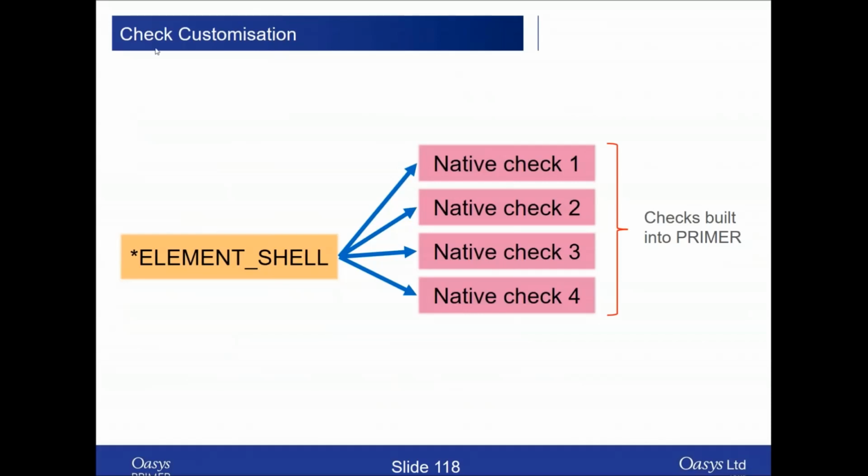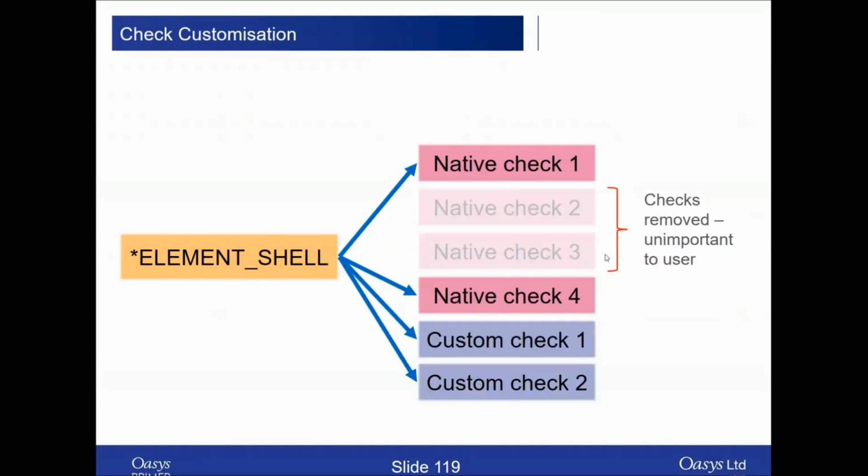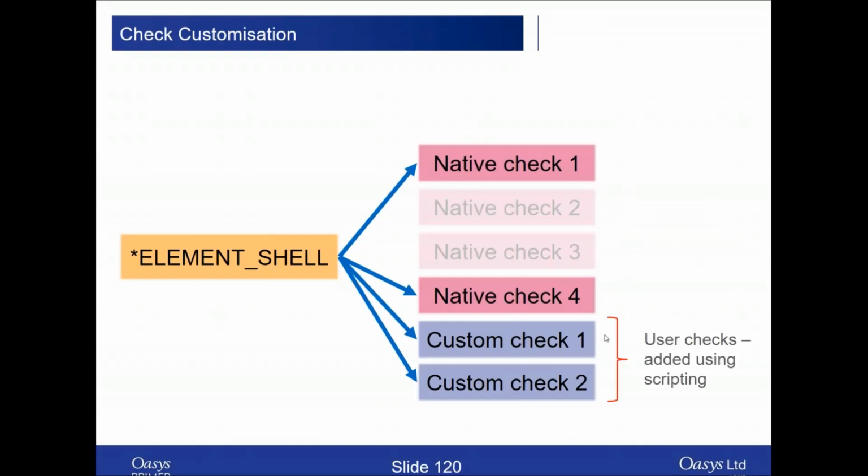So you can see how, when running checks, let's say you're running a check on an element shell, you've got some native checks built into Primer. Two of them, for example, you might not be bothered about. They're not important for your particular modeling guidelines or workflow or whatever. So you can remove those, but you can also add your own in as well.